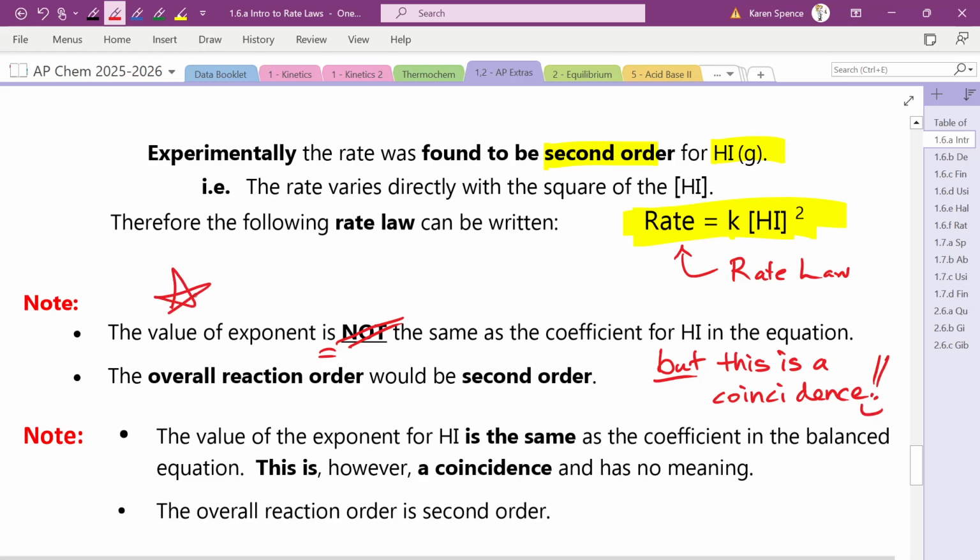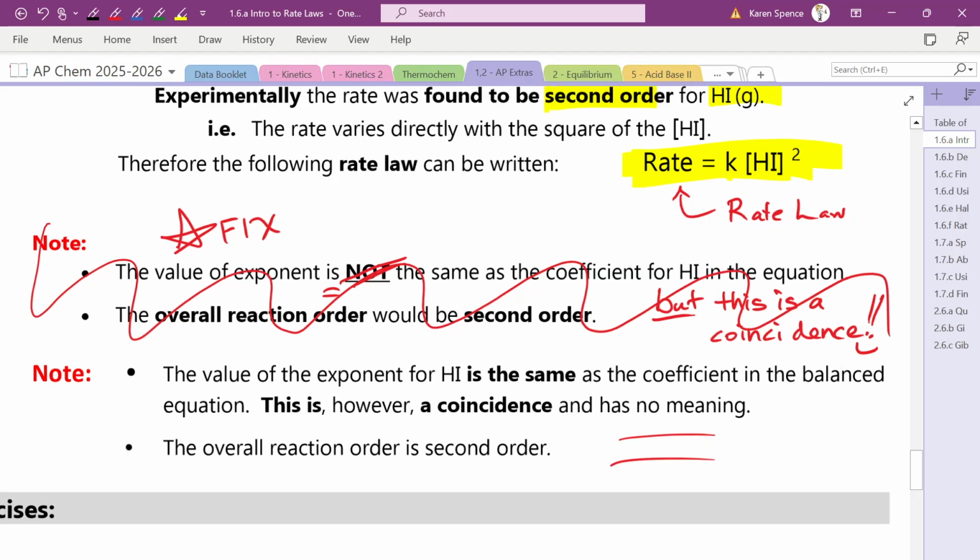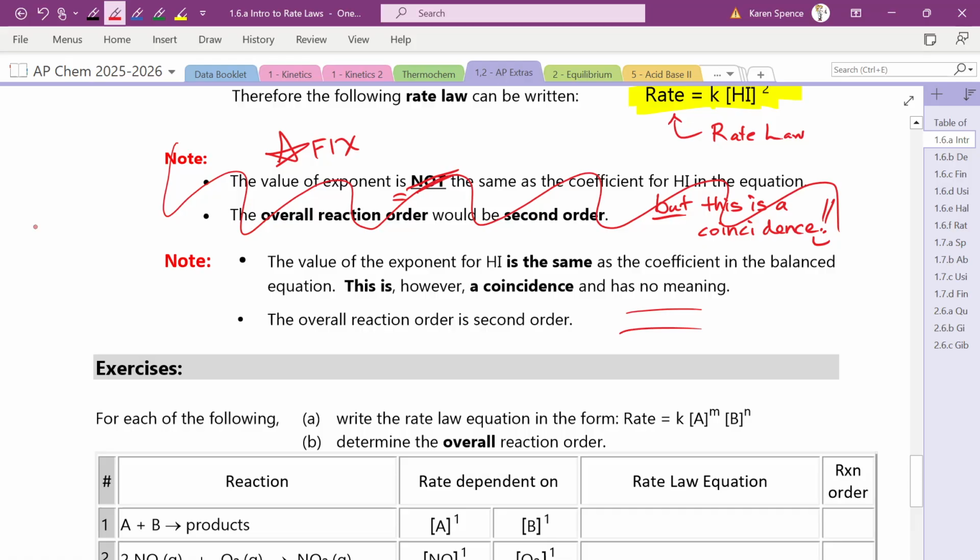Okay, and I need to fix this. Why do I have both? I've written it here correctly. I don't know. Fix.